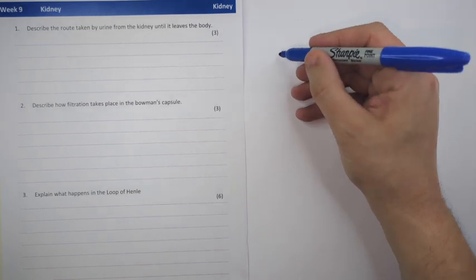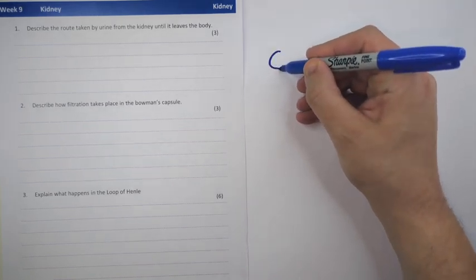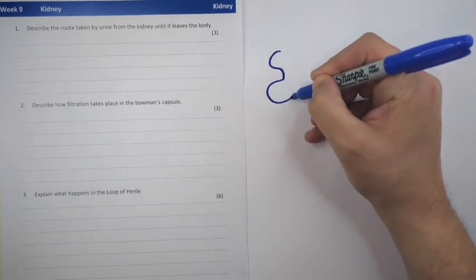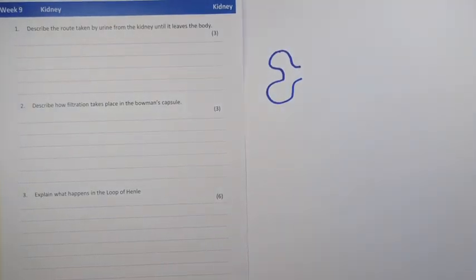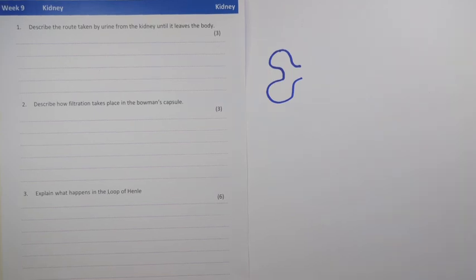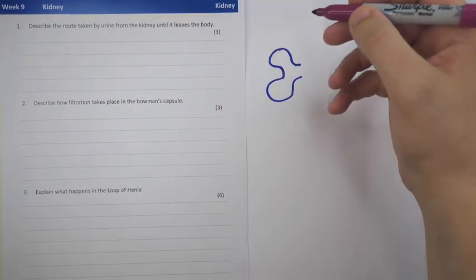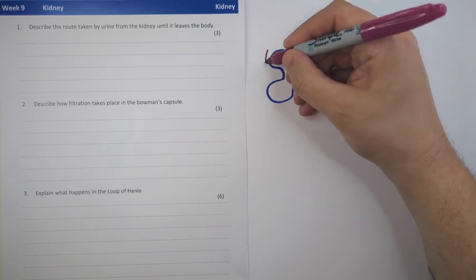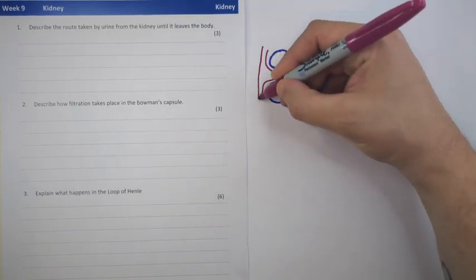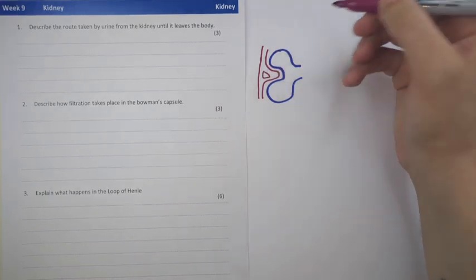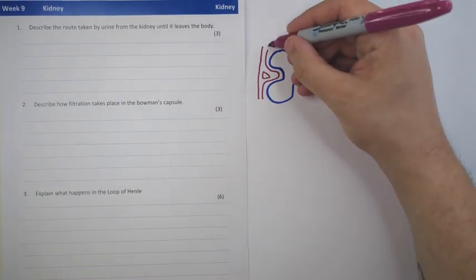So let's start here. This is the Bowman's capsule. Around the Bowman's capsule, you've got a set of capillaries called the glomerulus.